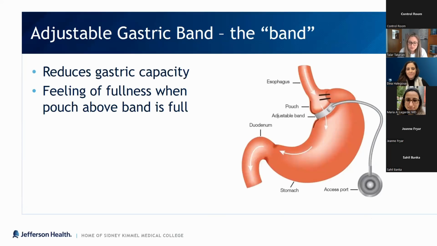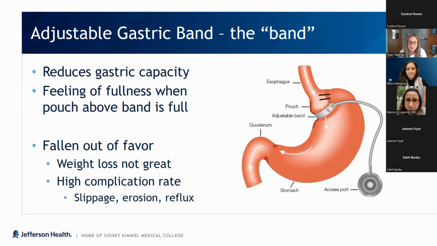So the different surgical types, I bring up gastric banding, commonly referred to as the band, because a lot of you have probably heard about this or know someone who's had this done. We put essentially a plastic band around the top part of the stomach. What this does is it makes the stomach above the band smaller, so you feel full a lot faster when that part of the stomach gets full, and that helps you eat less and lose calories and lose weight.